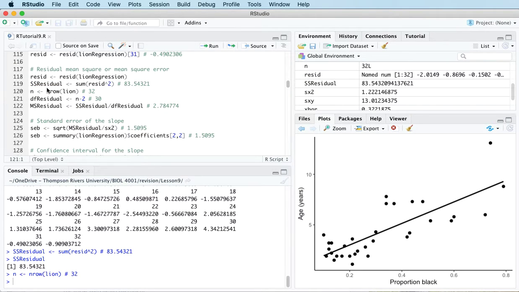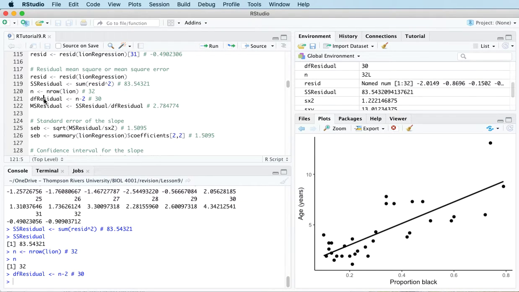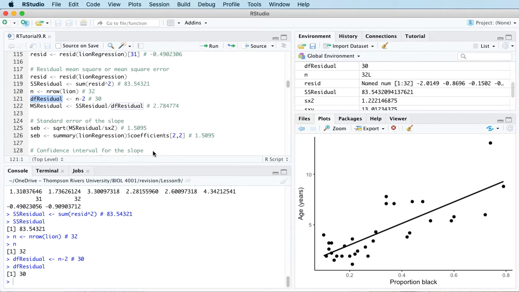The sample size here is 32, and so the degrees of freedom for the residuals is equal to n minus 2 for a simple linear regression model. So n is 32, and so 32 minus 2, the degrees of freedom is 30 for this example.